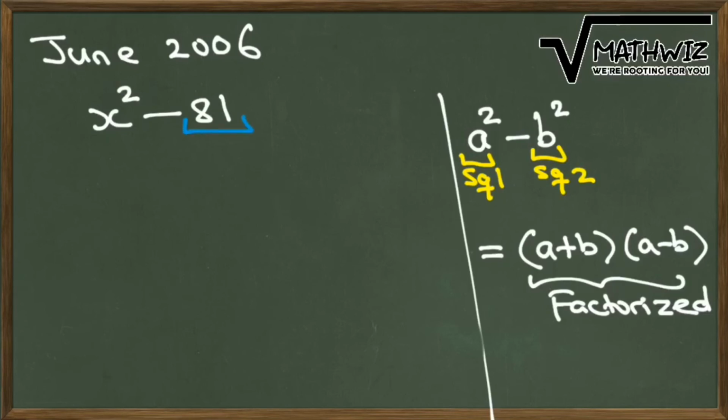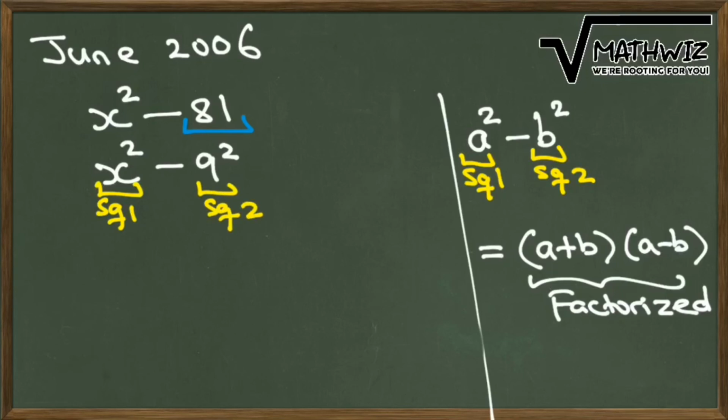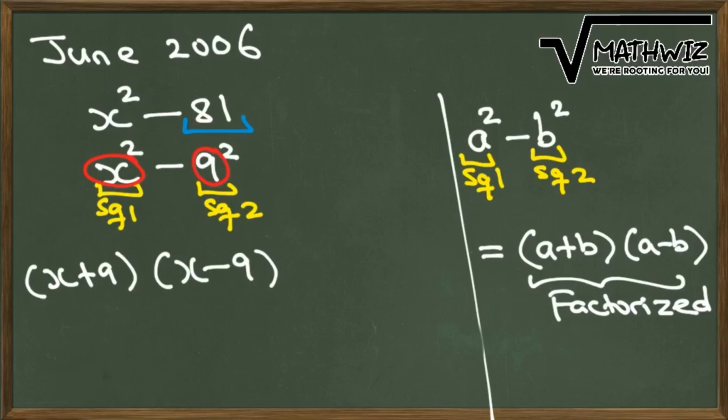That 81 can be expressed as 9 squared. Remember, that's what we always want to do first. So we have square 1, square 2, where we know that our a is x and our b is 9. So we're going to have x plus 9, x minus 9.